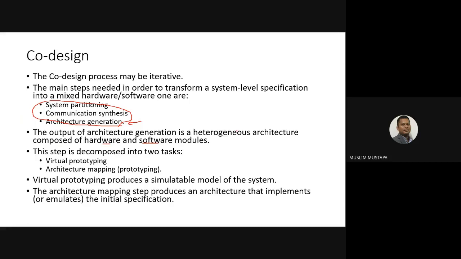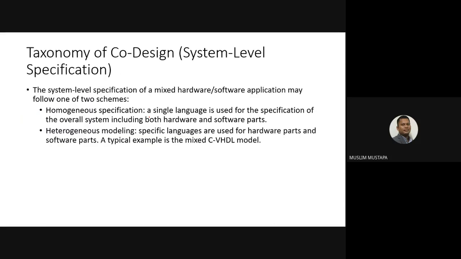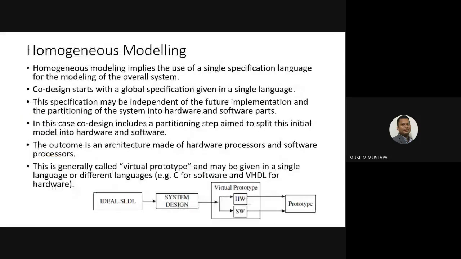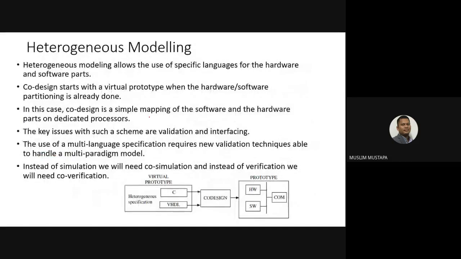Let's go back into our subject. Now you guys can see the difference between the homogeneous and also heterogeneous. So for heterogeneous, you see they start with the co-design, and then finally they do the prototype.